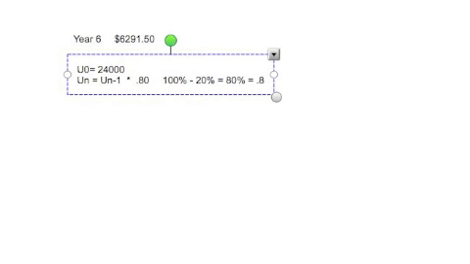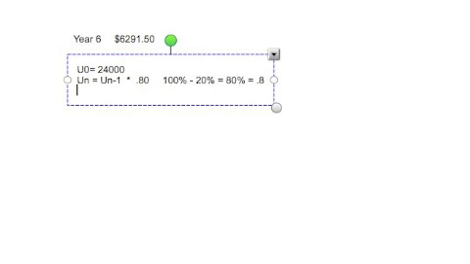Okay. Now, what if you can't remember to take 100 minus 20%? Here's another way that you can find that number. You notice that 0.80 is the common ratio. How we find the common ratio in the recursive formula is we take the second term and we're going to divide it by our first term.